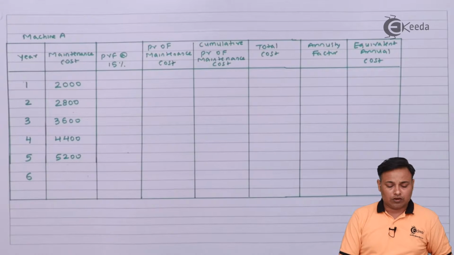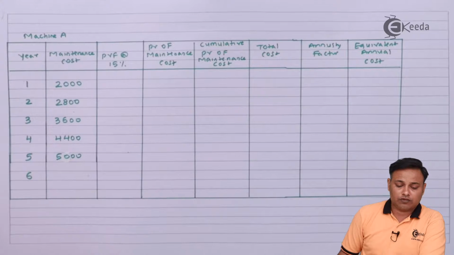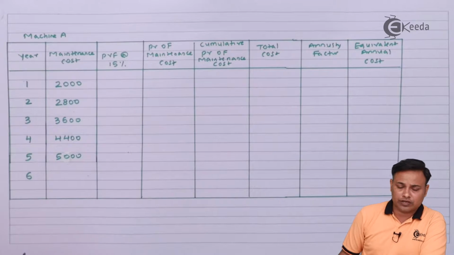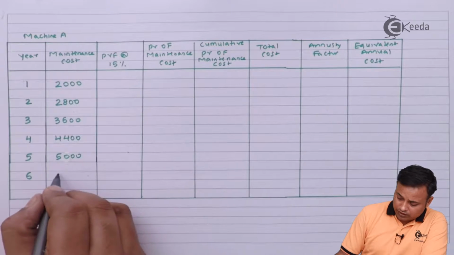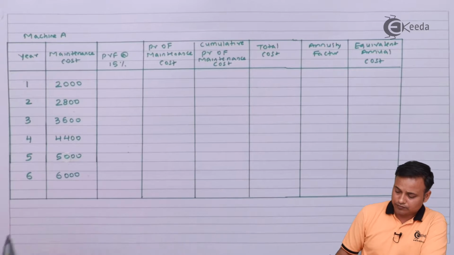In the fifth year the cost will be 5,000, and from the fifth year the maintenance cost will increase by 1,000 every year from the next year onwards. That is, it will be 6,000 in the sixth year.